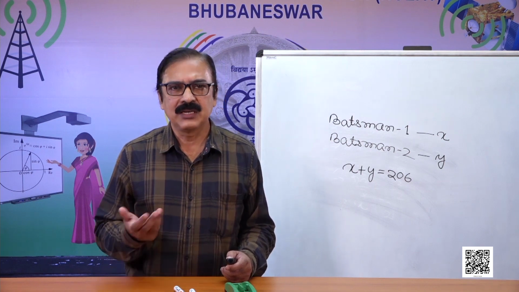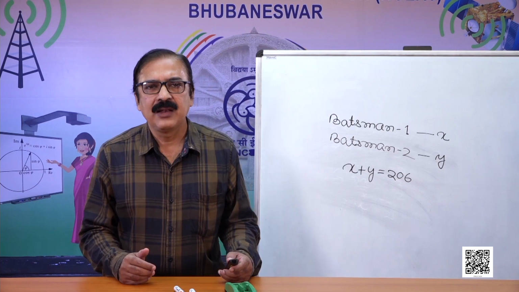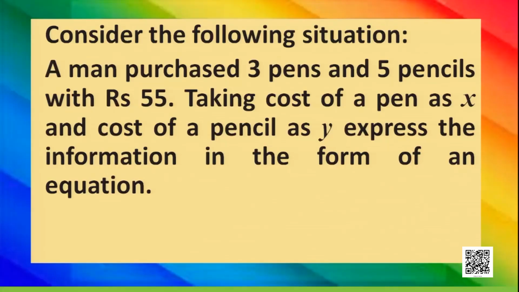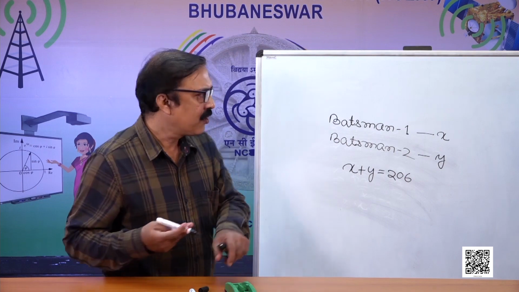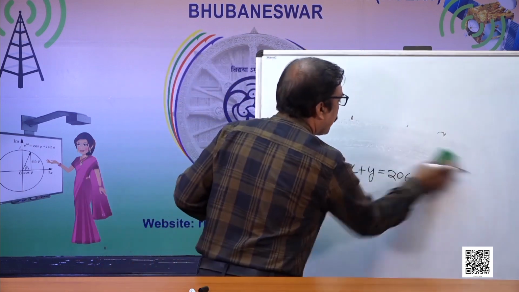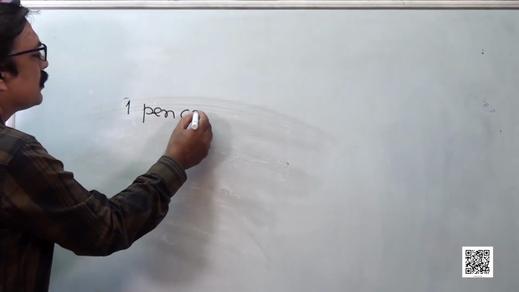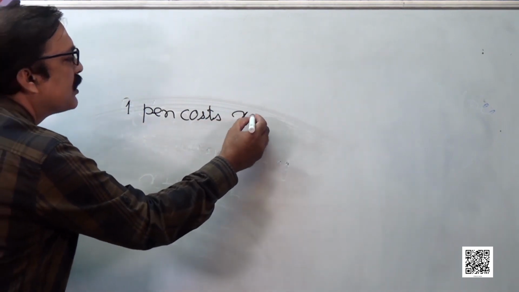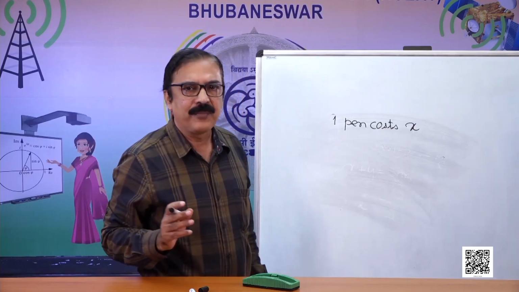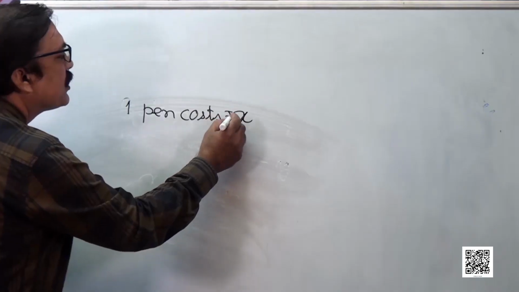Now let's consider another situation. A man purchased 3 pens and 5 pencils for rupees 55. Taking the cost of a pen as x and the cost of a pencil as y, express this information in the form of an equation. Now, if one pen costs x rupees, as we don't know the value of one pen, we can say rupees x.